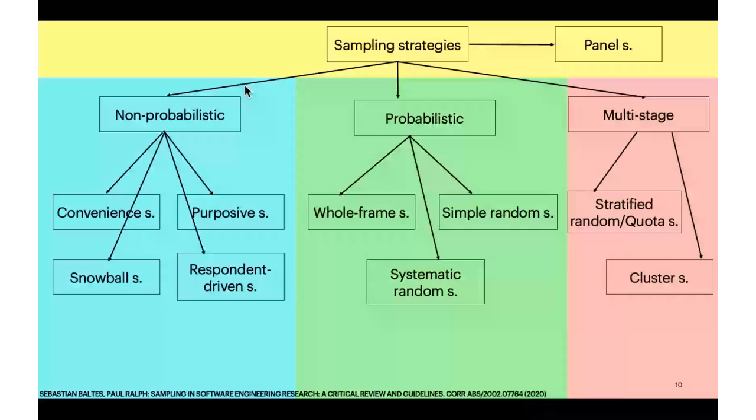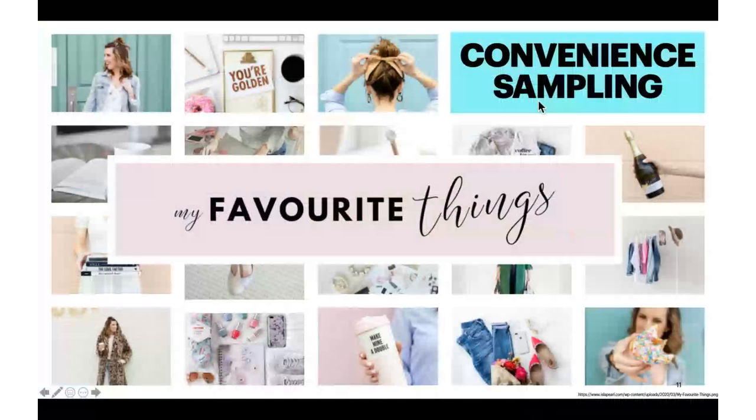So we start with the simplest sampling, which is convenience sampling. In general, in convenience sampling, items are selected based on their availability or expedience.